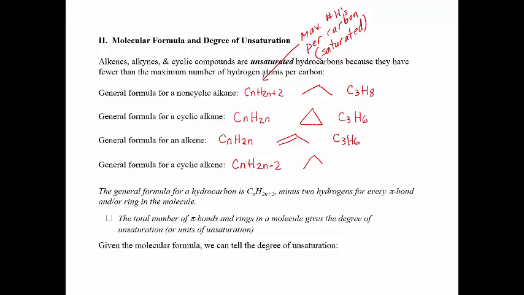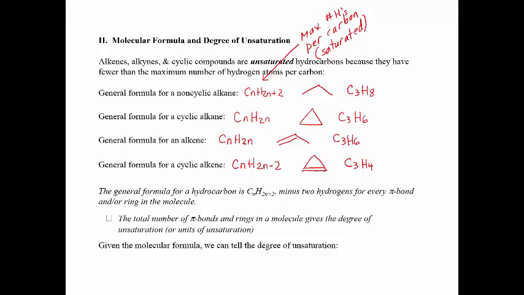Let's draw a 3-carbon chain. Let's put that in a ring, and then let's add a double bond. And as you can see, we have C3, 1, 2, 3, 4, C3H4. So every time we add a ring or a pi bond, we drop by 2 hydrogens.